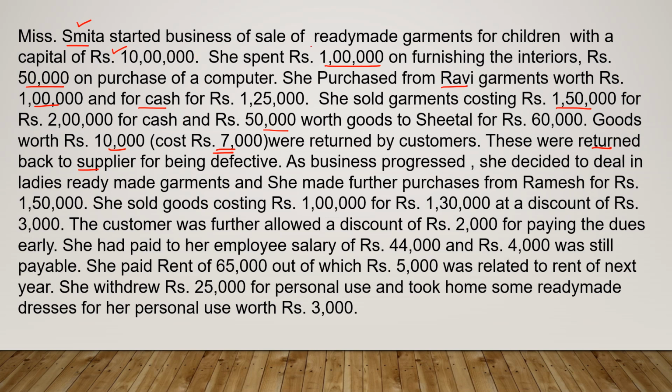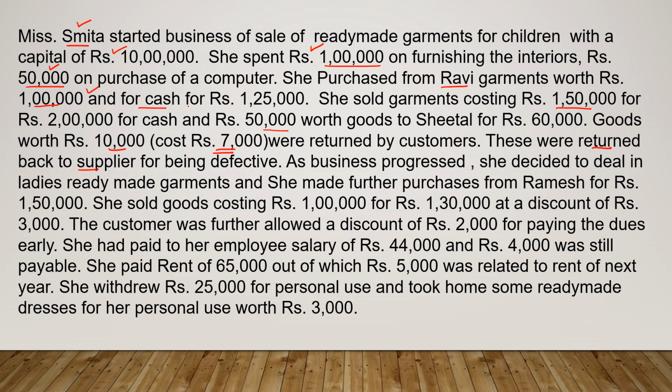Then we learned about assets, that is the furniture, fittings and the computer that she purchased for the purpose of business, which she is not going to resell, but she is going to use in the business. Then we learned about the term purchase, that is the goods, the physical items that she deals with in the business, which she purchased for the purpose of resale.